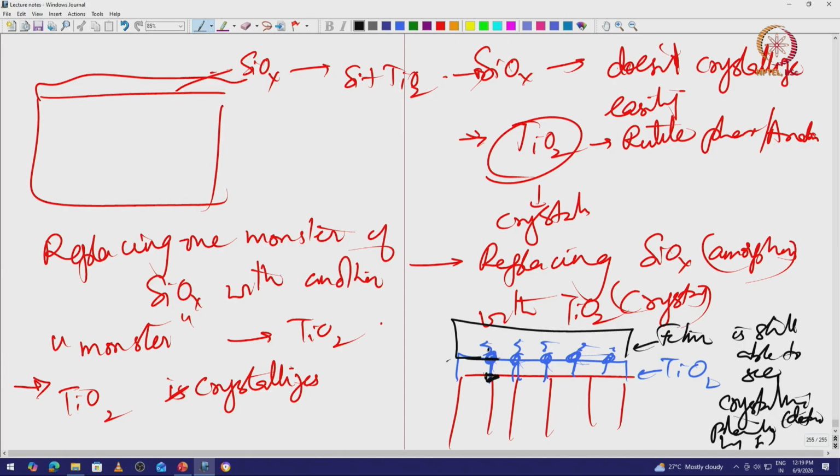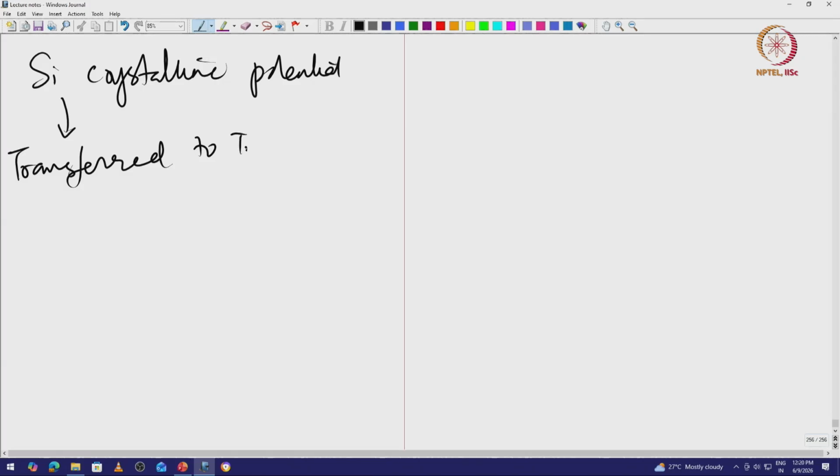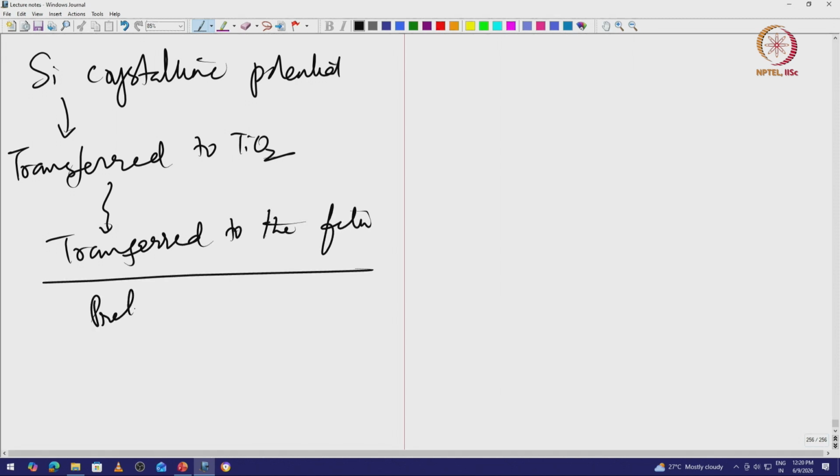The crystalline potential of silicon is transferred onto titanium oxide, and so the film also sees the crystalline potential of titanium oxide in practice, but then titanium oxide itself is seeing the crystalline potential of silicon, right. So, the silicon crystalline potential is transferred to titanium oxide, and that is transferred to the film, right. So, this is a pretty nice thing.